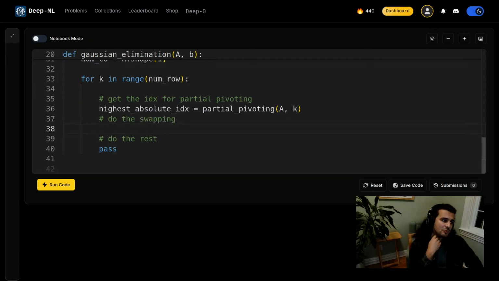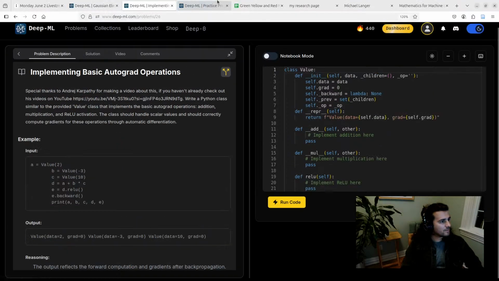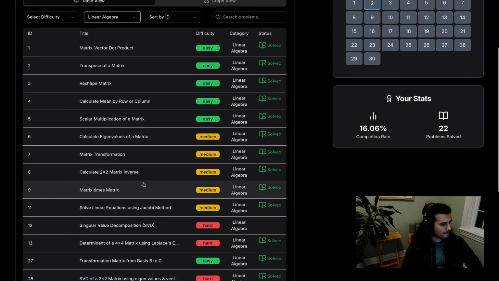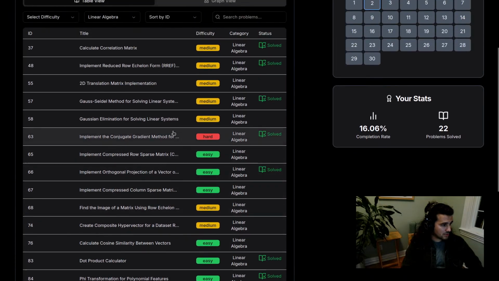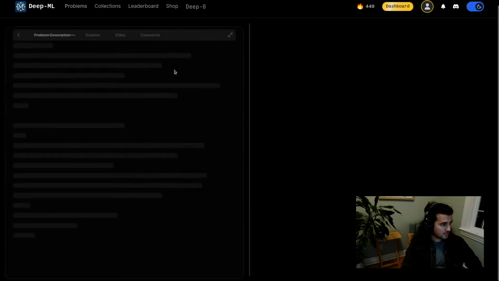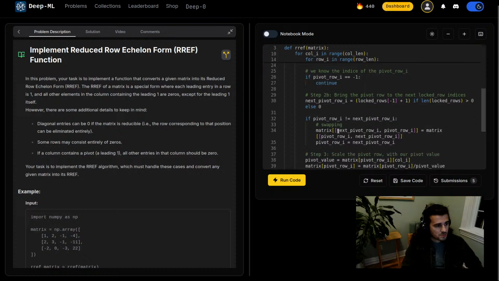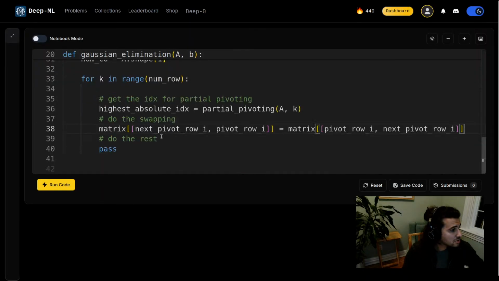I think I found a pretty cool way to do it last time. Don't remember what it was. Give me 2 sec, because that was cool. Where is it? Reduced row echelon form. Yeah, this one. The swapping was this. Is it this one? I think so. Yeah, it was this formulation, which I found pretty cool.